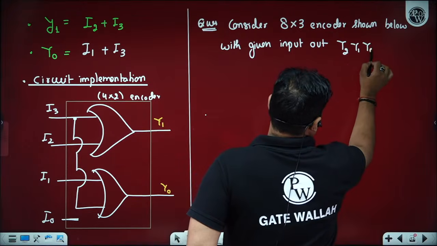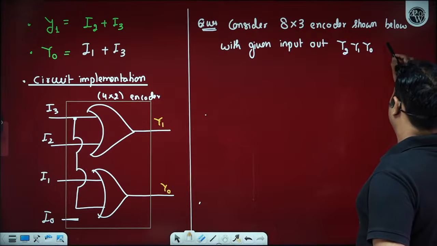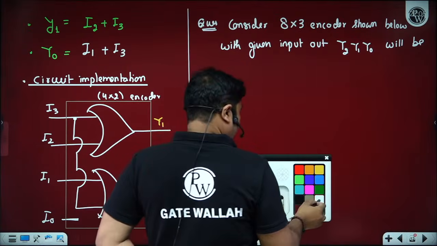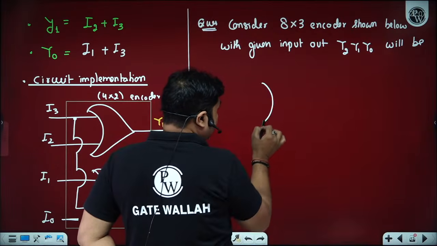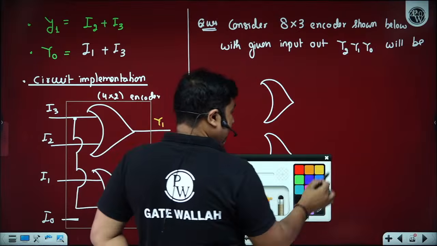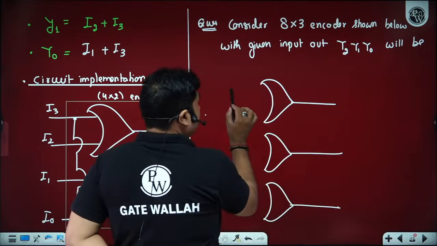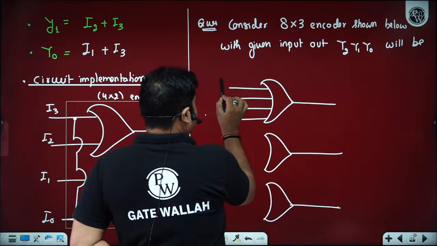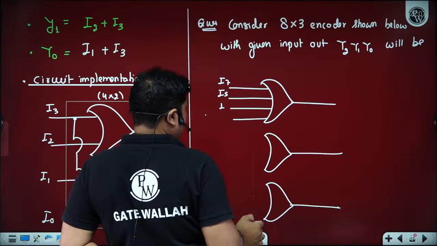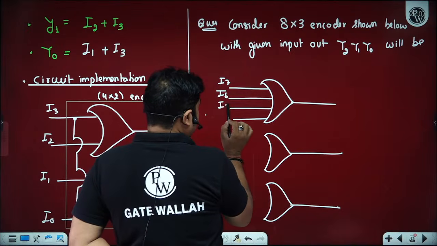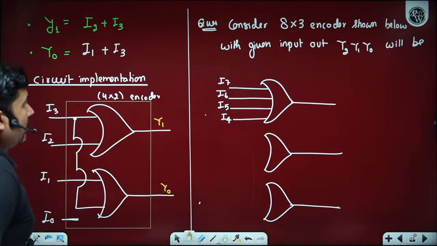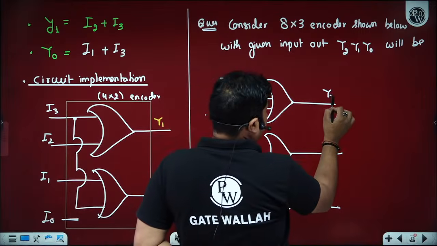So from 4 to 7, if any one of them is high, Y2 will become high.